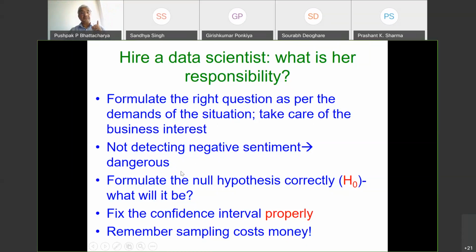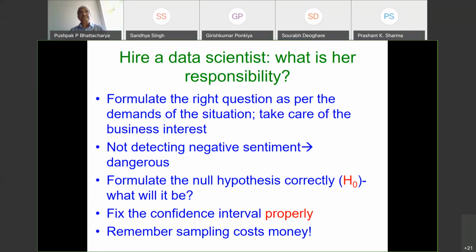So the data scientist has been asked to formulate the null hypothesis correctly by analyzing the problem situation, the business interest minutely. And she is asked, what really will be the null hypothesis? I have positive sentiment, negative sentiment. For the moment, let's say only positive and negative sentiment.